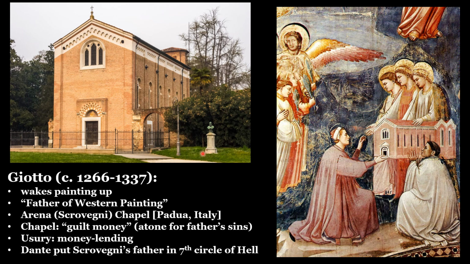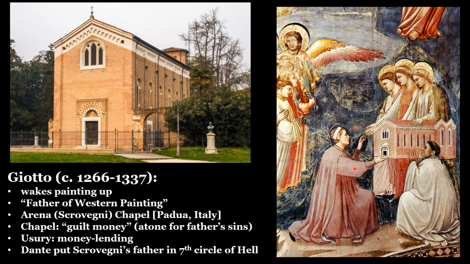We could really say that this chapel was paid for with guilt money. The situation was, you see this man here presenting actually the chapel as a gift. His father was heavily involved in usury, which is a fancy word for money lending, which was considered a sin at this point.